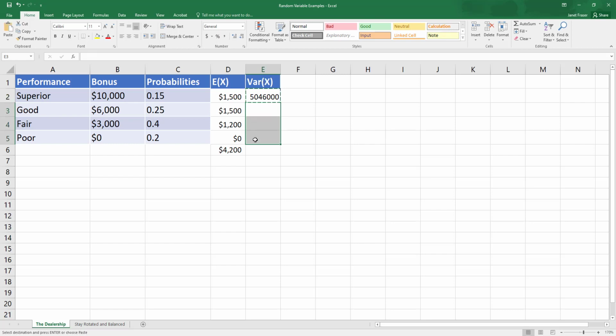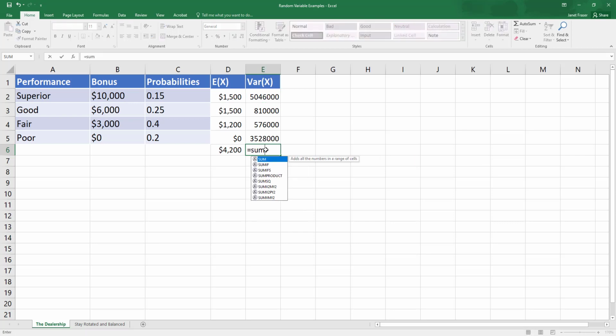I'm going to copy this down. And then to get our variance, we just want to sum all these together. We find we have a variance of 9.96 million.